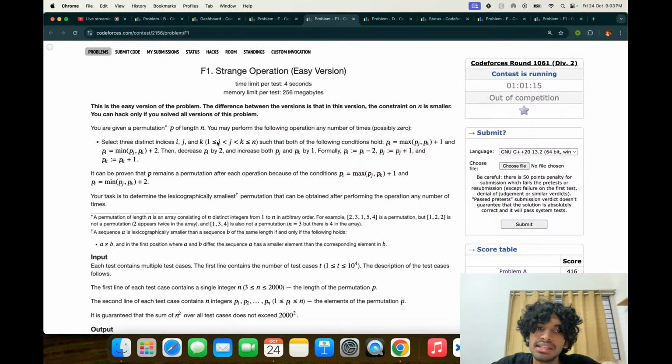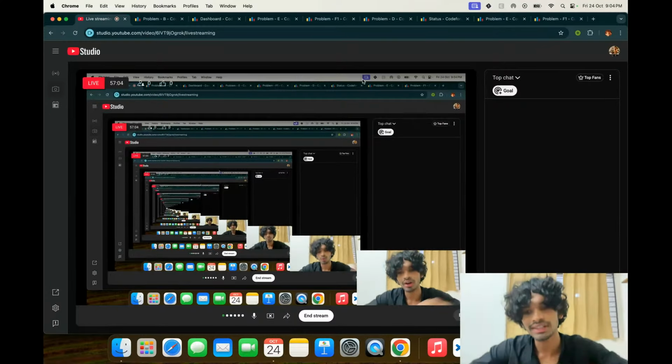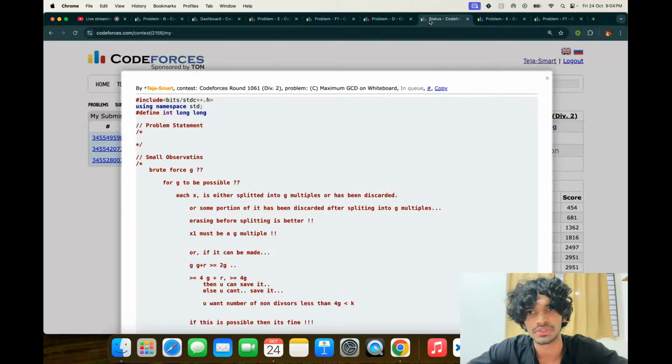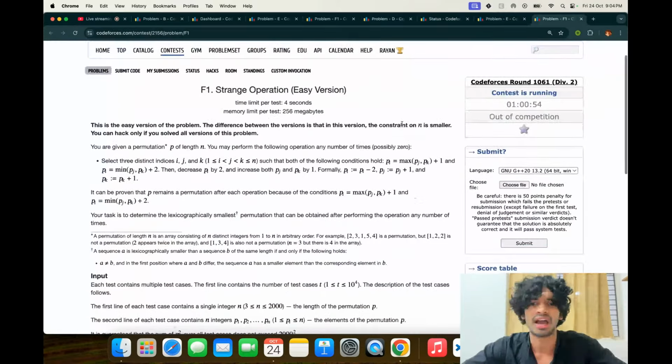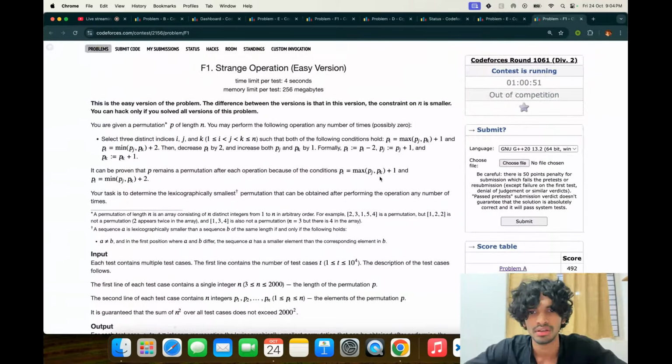I less than j less than k. Okay, I'm again wrong with my operations. So what does i less than j less than k mean? It's fine, I have worked on the problem at least.